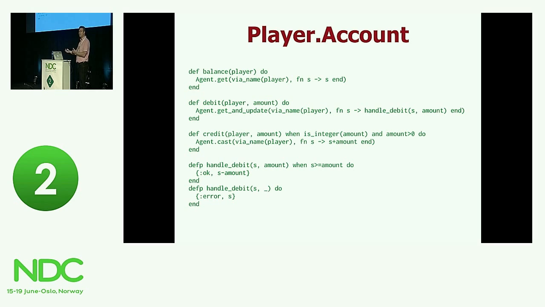Then we can take that money out of the account. You can't owe anybody money in Acquire. And then you return an okay, and the new state will be the one where you've subtracted the amount from your current holdings. And in all other cases, you return an error. You cannot debit this amount. I do not have enough money to pay this. So that's how this works.